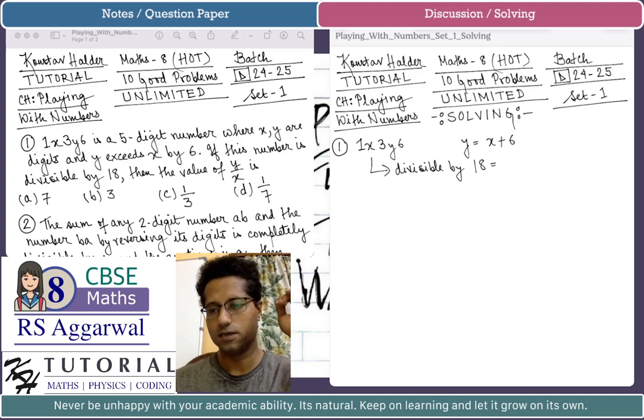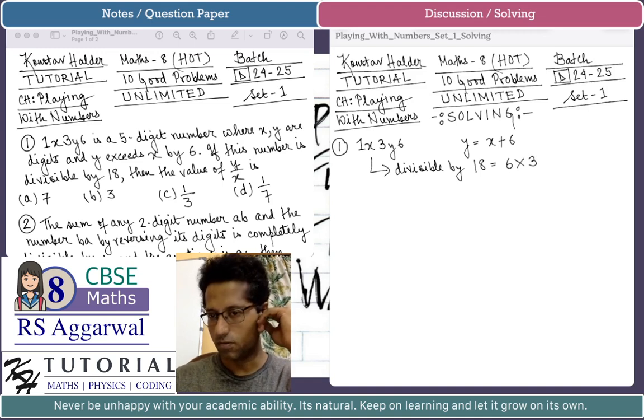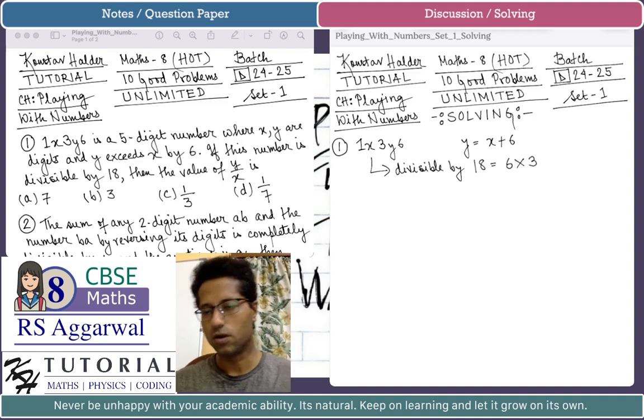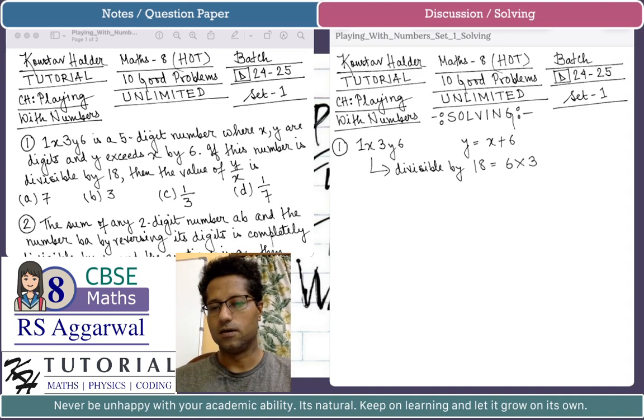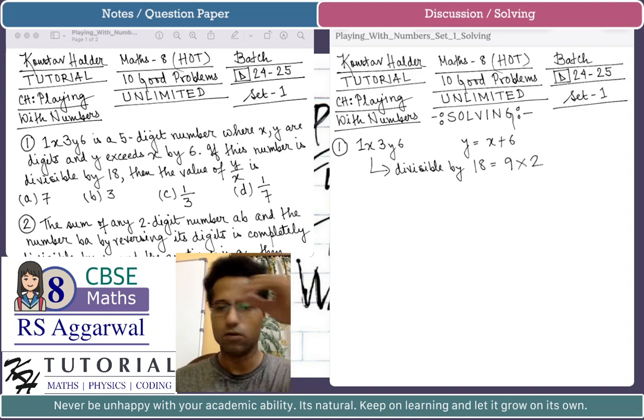So in this case, I will not factorize it as 6 into 3, because there is a common factor between 6 and 3, which is 3. Never factorize the number like this. Another choice is 9 into 2. That is the correct choice of factorizing the number 18: 9 into 2, where 9 and 2 do not have a common factor.